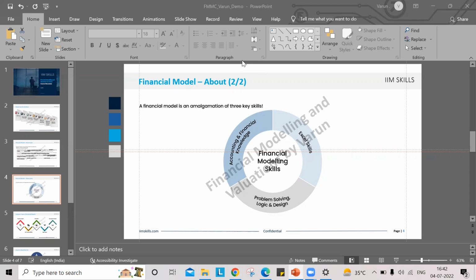I have one more question, sir. Yes, please. Is Tableau helpful in financial modeling anyway? Tableau comes more into the data analysis side, and financial modeling is somewhat into projections and doing some analysis in terms of the financial statements.